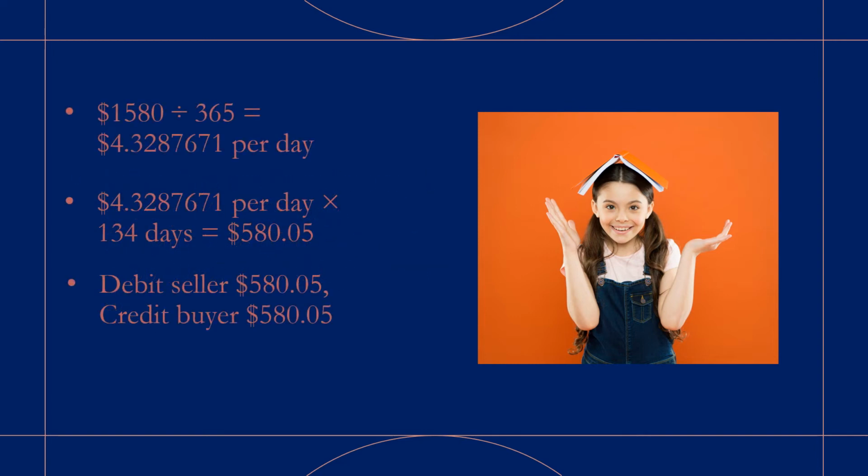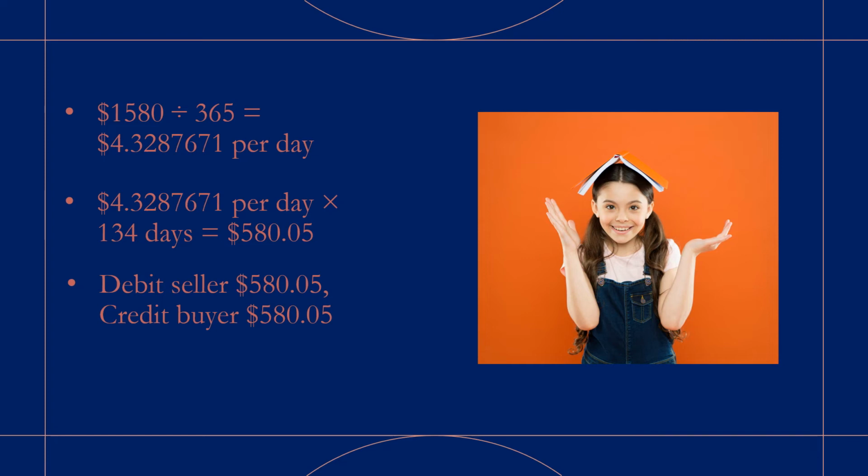Now, the total tax for the year being charged to the property is $1,580. So we're going to divide that by 365 to give us our per day rate for tax. In this case, it's $4.328771 per day.